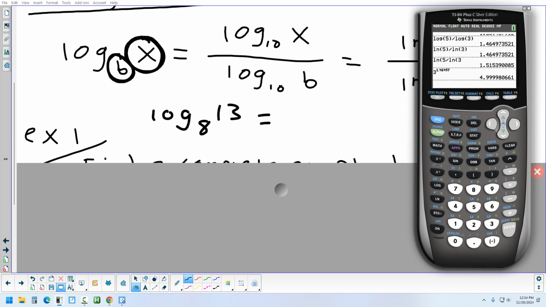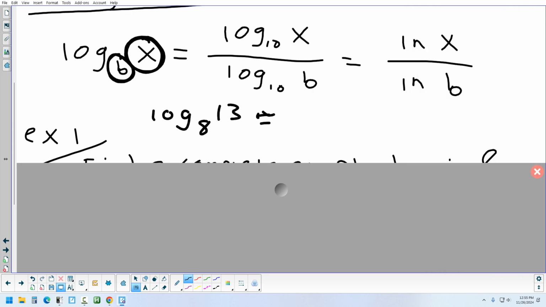Log 13 divided by log 8. It's not critical you close the parenthesis at the end because there's nothing else coming after it in this case. So that would be about 1.233. So it should be approximate. Good. Question on that one?